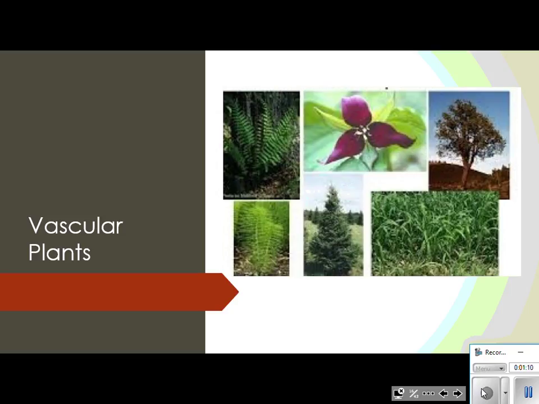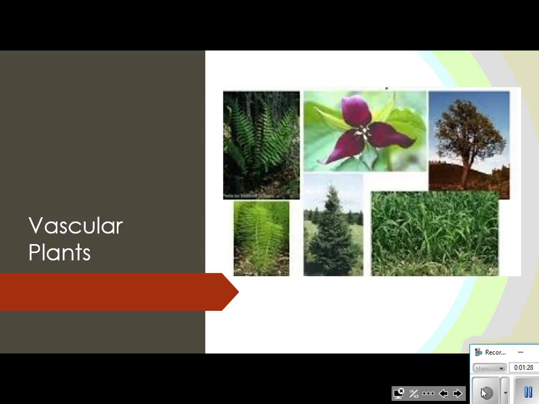Now, when we're dealing with vascular plants, we have two different types. One of them we'll talk about tomorrow, but at the end of this slide stuff, we'll talk about how we break them down into a little bit more.